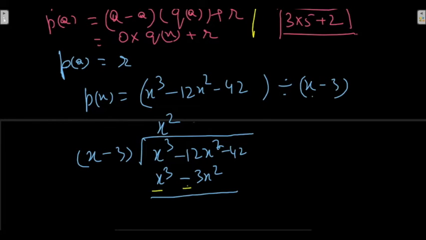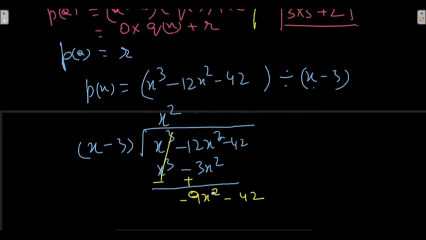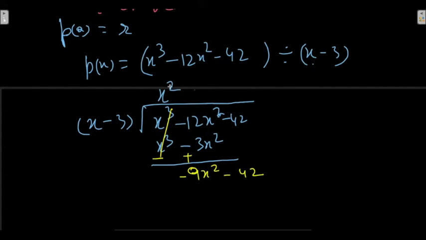Okay, so this x cubed gets cancelled with x cubed, and what we get is minus 9x squared minus 42. Now what we do is we multiply this x minus 3 by minus 9x, which gives us minus 9x squared, and minus becomes plus 27x.